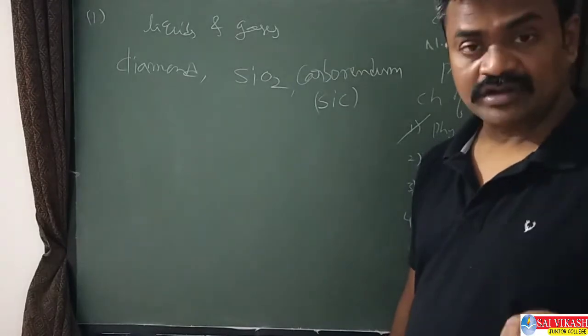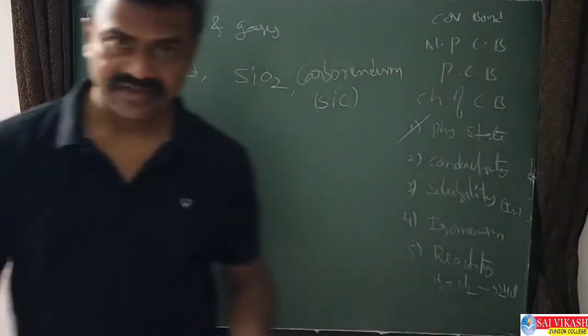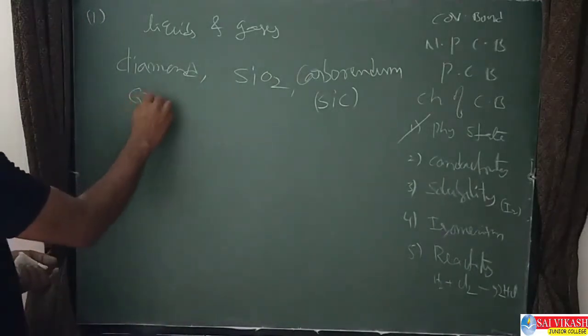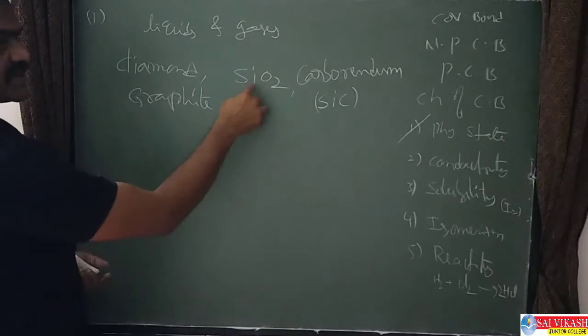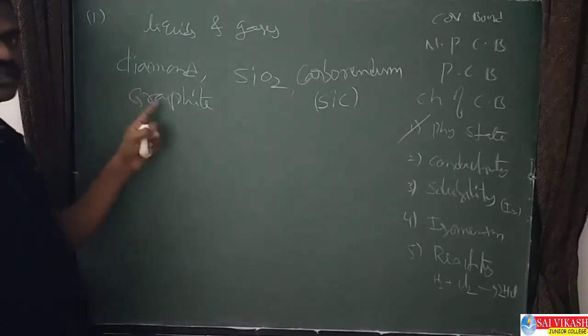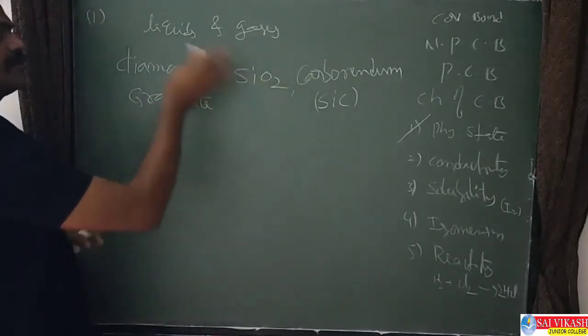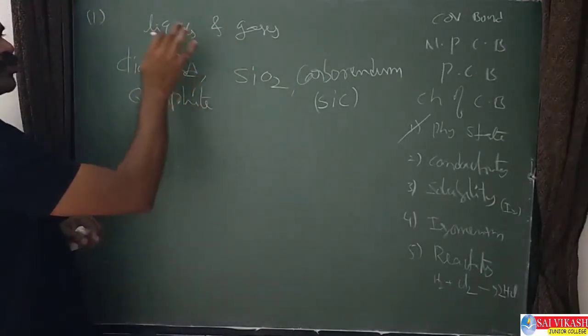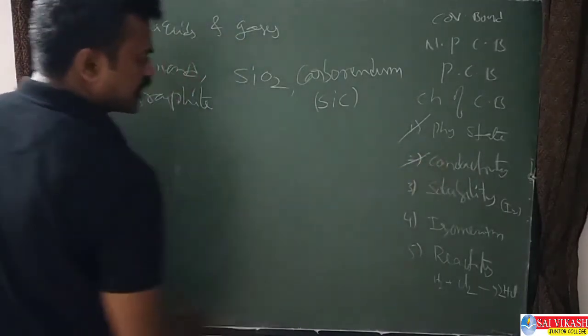Graphite also has covalent bonds, and it is in the solid state. So diamond, graphite, silica meaning sand, and carborundum are all available in the solid state, and the remaining maximum covalent compounds are available in the liquid and gas state.